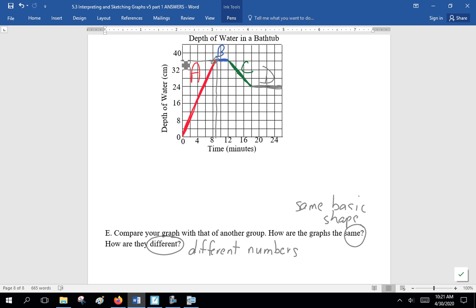And no, you're not doing this as homework trying to get the tub to overflow. Okay? Just going, is your graph basically the same shape? Yes. Steep up, flat, moderate down, steep down, and flat again. That's what I'm looking for. Numbers are exactly the same? No. That's reality.